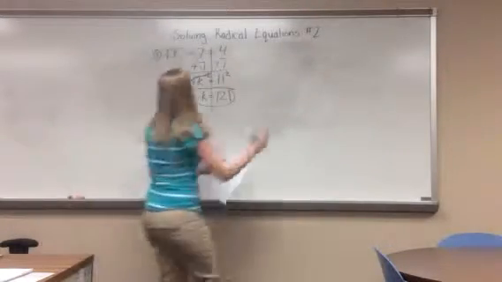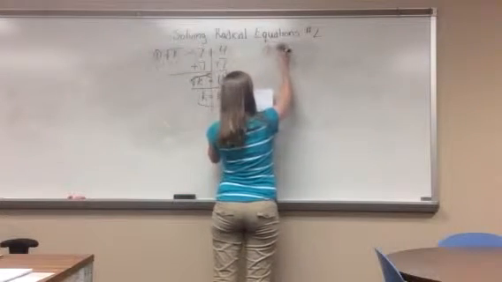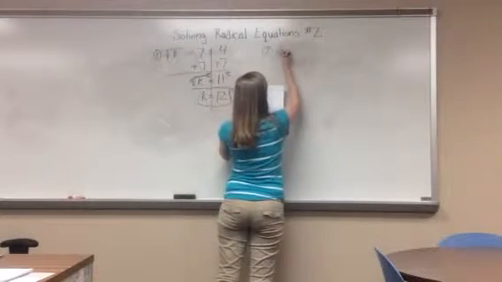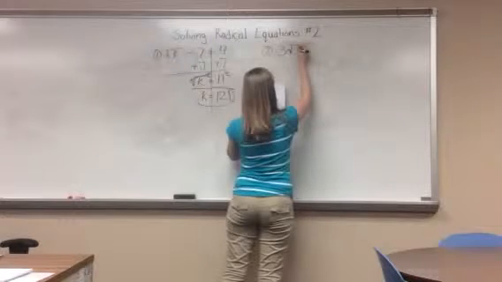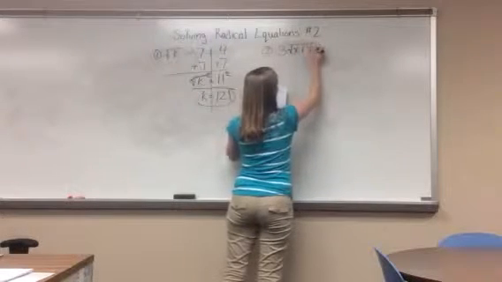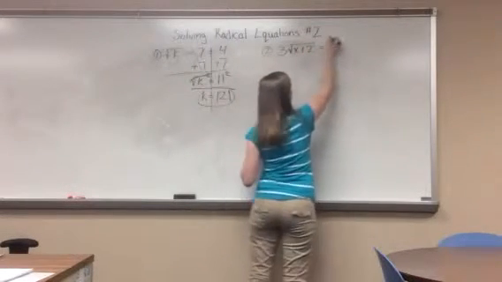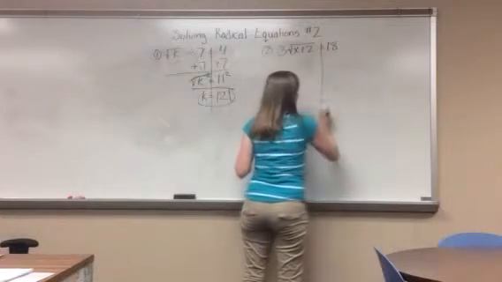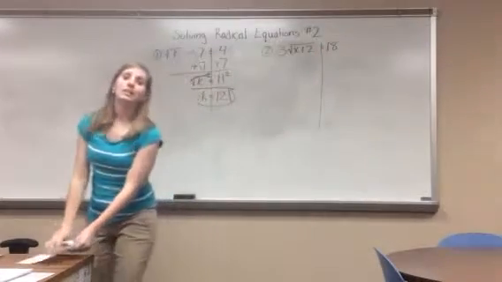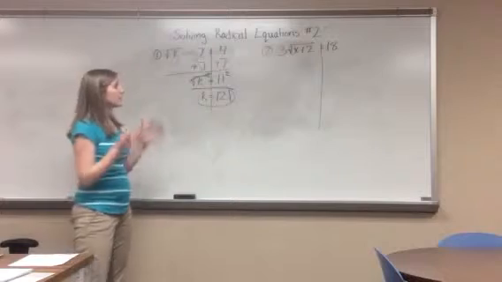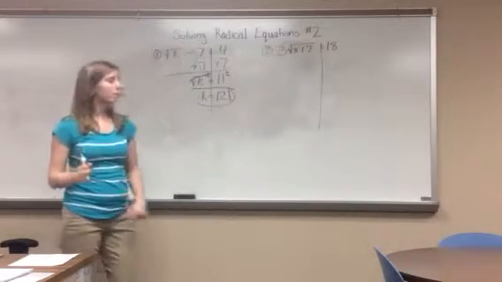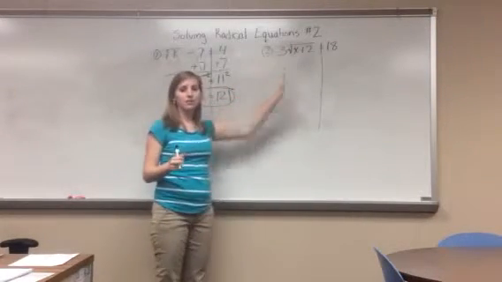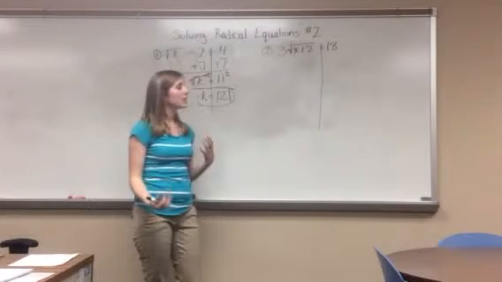Let's take a look at number 2. We have 3 times the square root of x plus 2 equals 18. So we need to cancel out any number that's outside of the square root first. Now the 3 is outside of the square root, so I need to cancel it first.